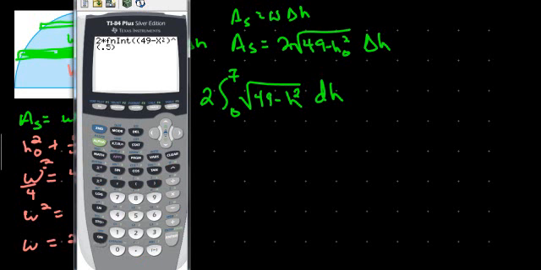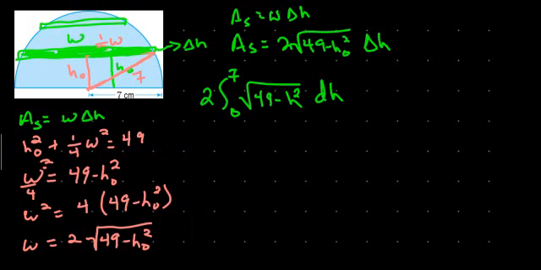Comma, you tell it your variable, x. And then comma, you tell it where it's going from 0 to 7. Let's see what this gives us. 76.969. And it tells us here we're in centimeters, so it'll be square centimeters.